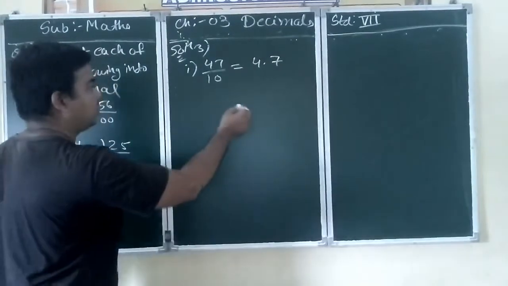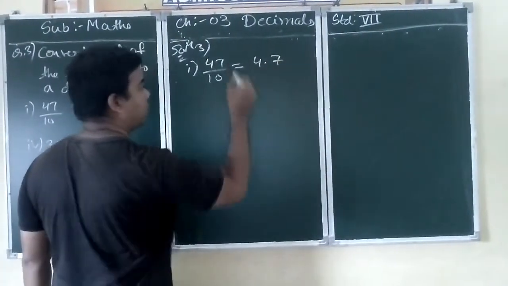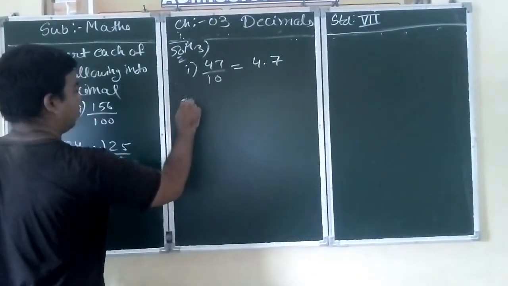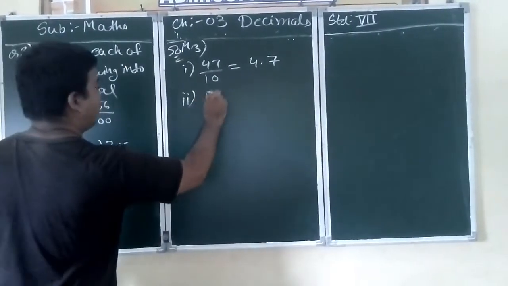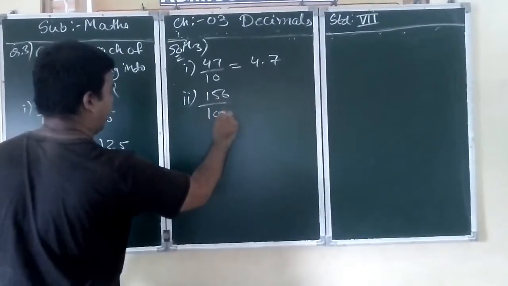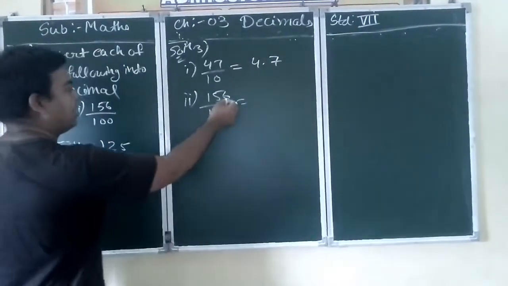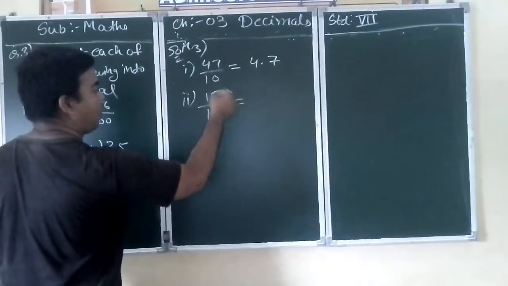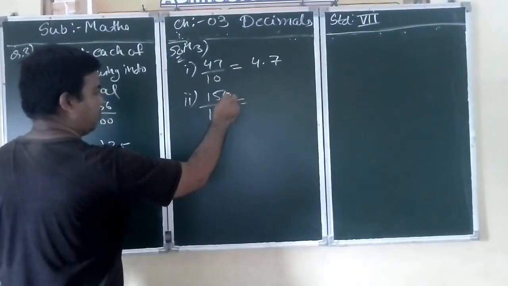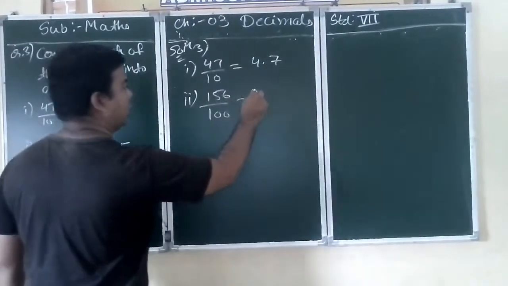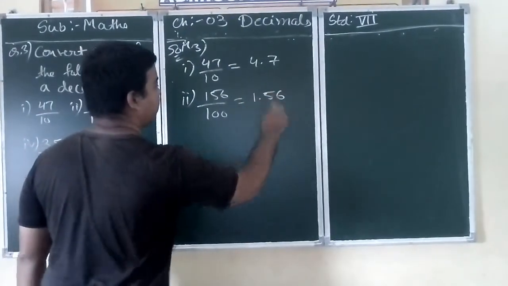We count the digit 7. So we put a decimal point here. 156 by 100. So when we have 100 we put a decimal point after counting two digits from the last. So 1.56.